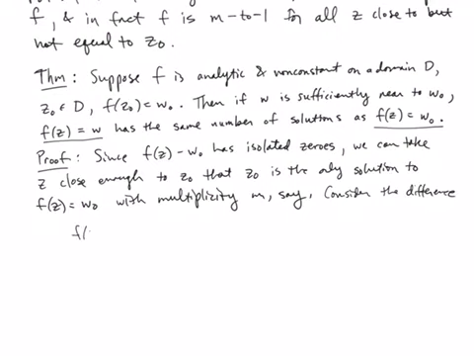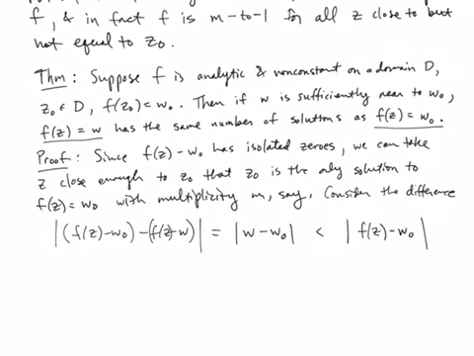Consider the difference f of z minus w naught minus f of z minus w. Right, that is the norm of w minus w naught. So what we want is that this is less than the norm of f of z minus w naught, because we know the number of solutions to this for our z sufficiently close to z naught. So we can just take a small circle around z naught, and we know the number of solutions inside that small circle.